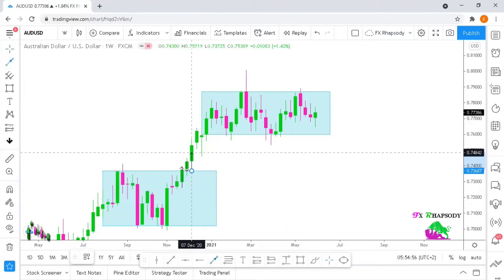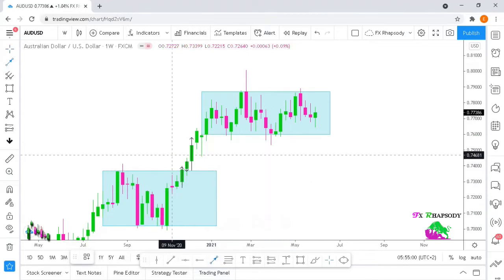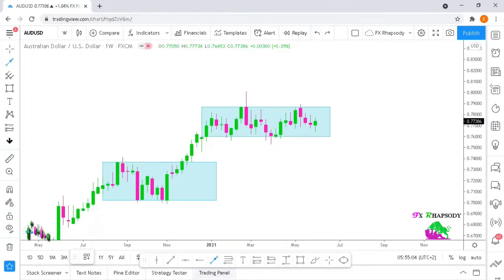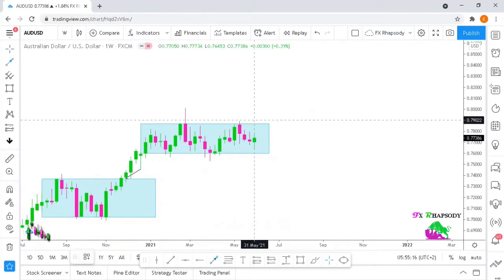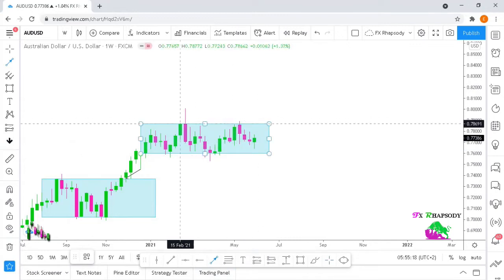So with that break and retest, you place your buy right there as it comes and retests that resistance zone. So basically what we want to do is we're waiting for the same thing. When we looked at the monthly, we saw that it is at this big supply zone at the top.